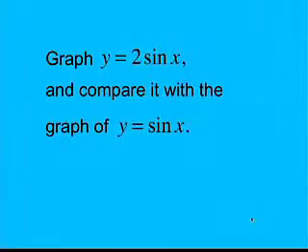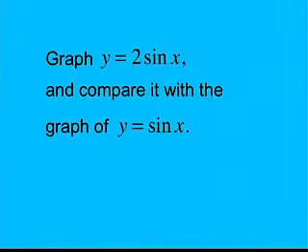Now, we show how we can find new graphs by stretching or shrinking the basic graphs, either vertically or horizontally. We've also looked at shifting graphs vertically as well as horizontally.